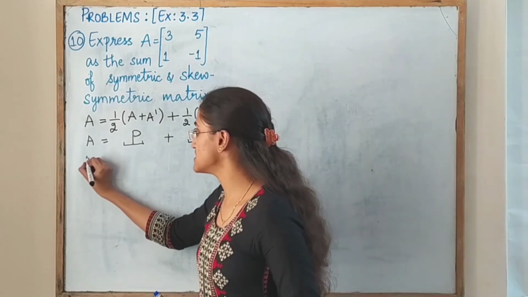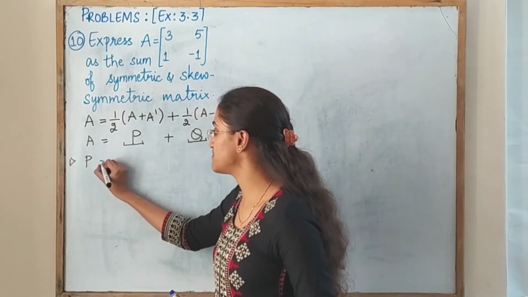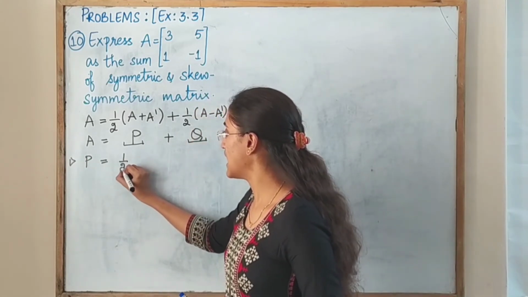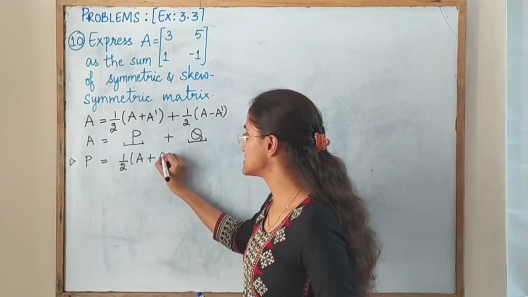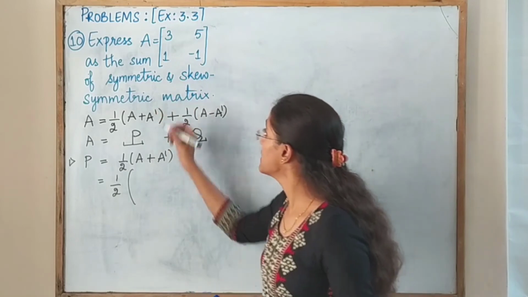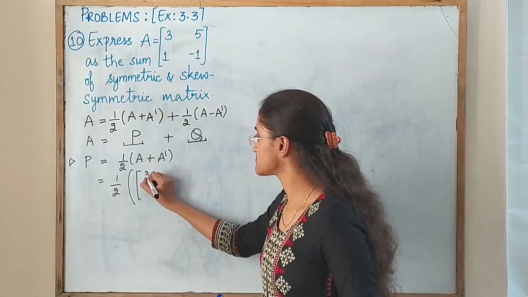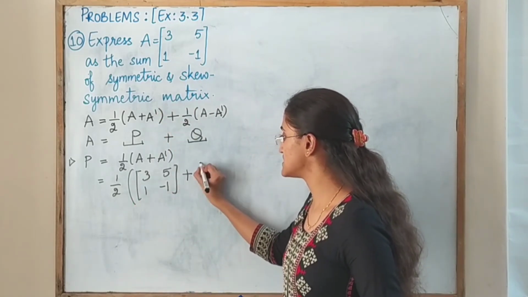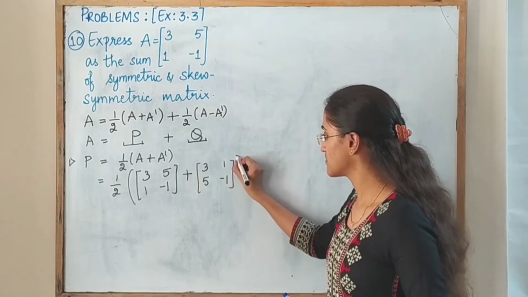Starting with the first element, that is P, your first step, P is equal to half into (A plus A'), half into A matrix plus its transpose.